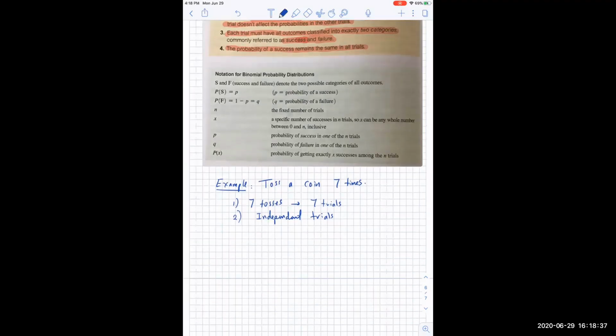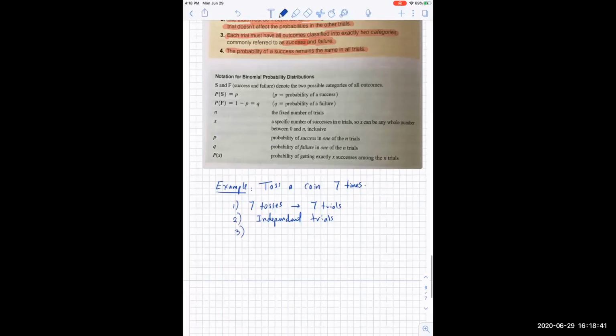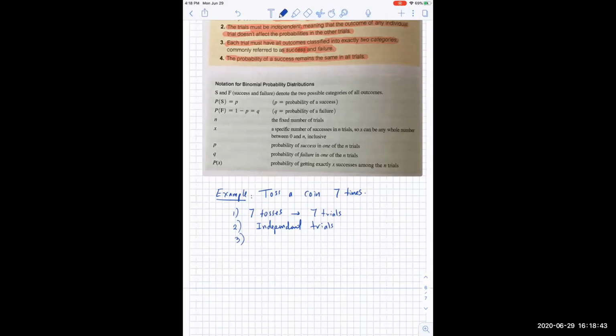So independent trials. Number 3, do we have only 2 outcomes each time we conduct the experiment? In each trial, do we have only 2 outcomes? Yes. Each trial has exactly 2 outcomes, head or tail.